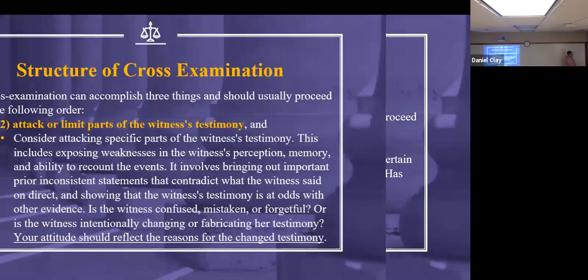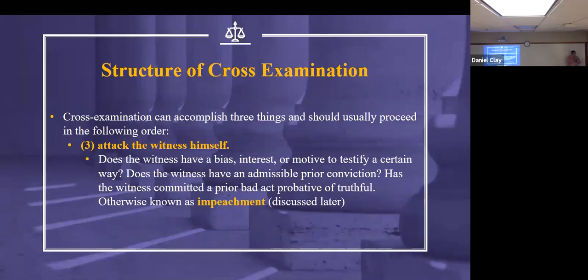And then the final thing you would do in a cross-examination is attack the witness himself. Right? So we're trying to get other misrememberings and things like that. Now we're talking about this witness. Right?